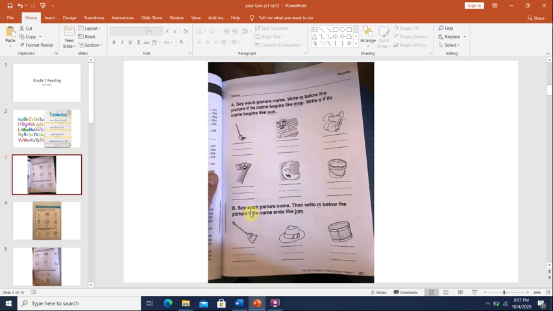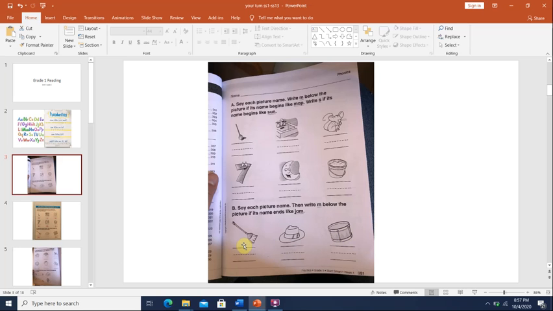It says here in part B, say each picture's name, then write M below the picture if it ends with M, like jam. So we'll be saying the names of these pictures, and if the word ends with the M sound, we'll write small m. Okay, this is a broom.